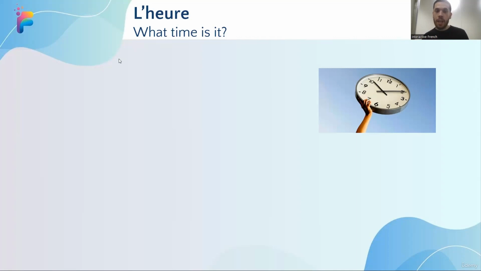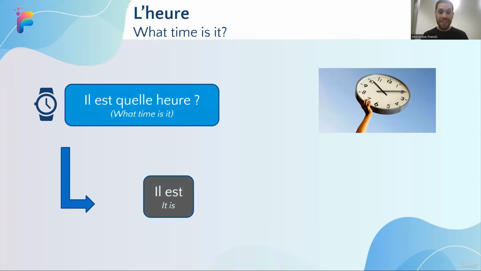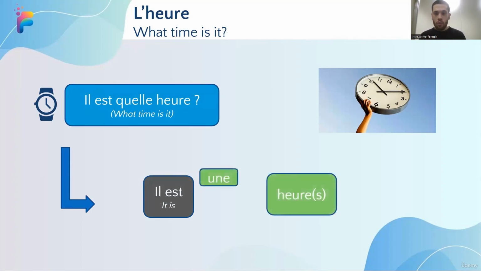If we want to say what time is it, we're going to say il est quelle heure? Okay, so il est quelle heure? What time is it? Now, if you want to answer that question, you're going to start with il est, okay? Il est, meaning it is, the same one that we have in the question. And then you would add the hour, right? So for instance, if it's 1 o'clock, you're going to say il est 1 heure.